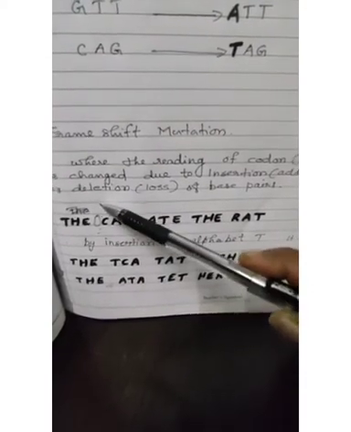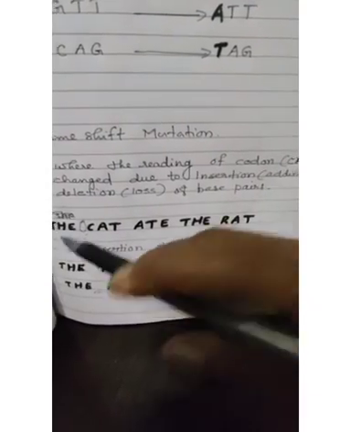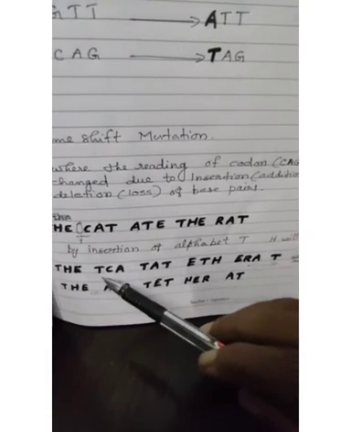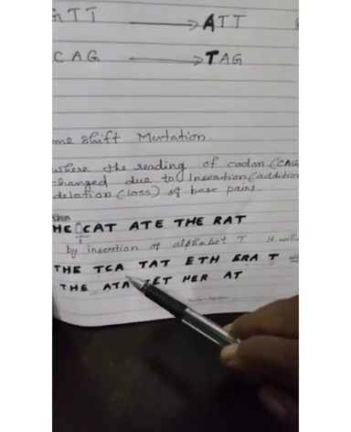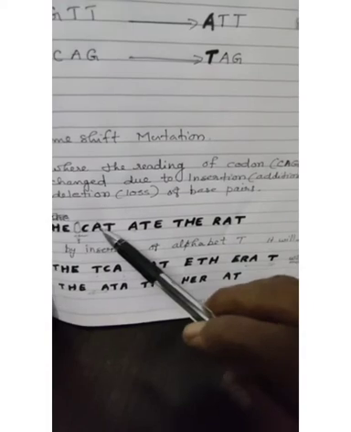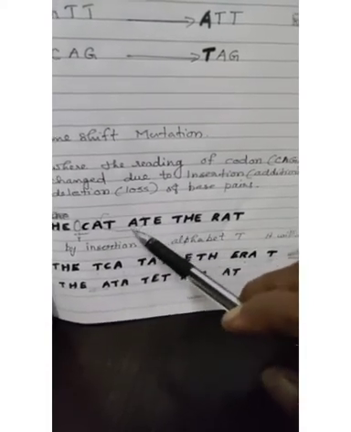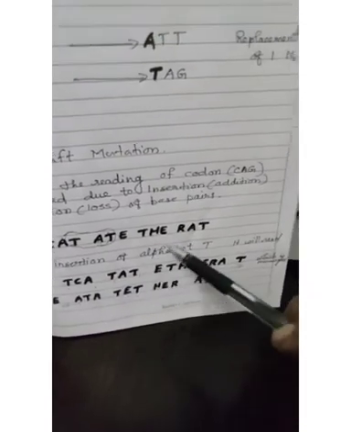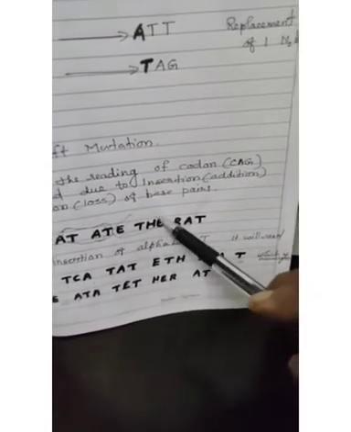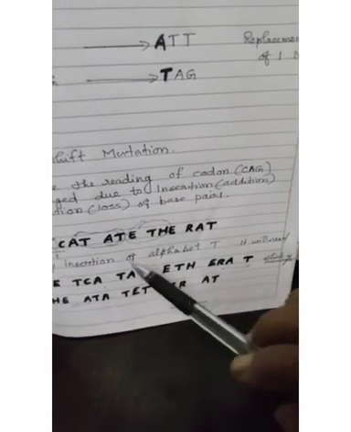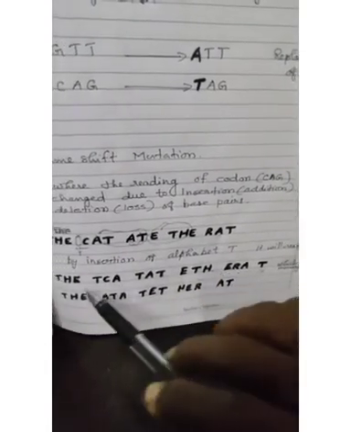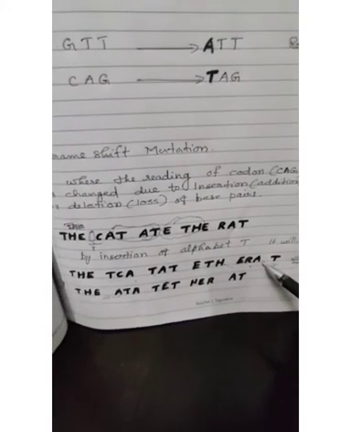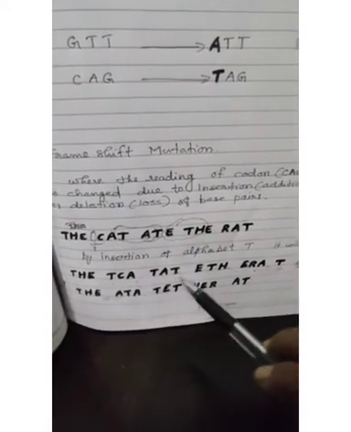Here we added one base pair, T. So it is changed to TCA. Then after that, the next codon became TAT, then ETH. As a result, the complete codon becomes changed, and the complete amino acid becomes changed.